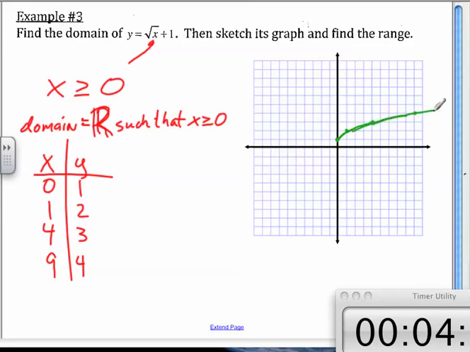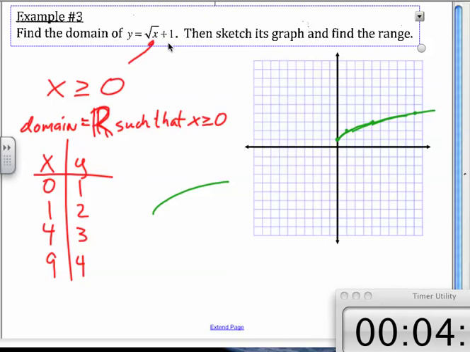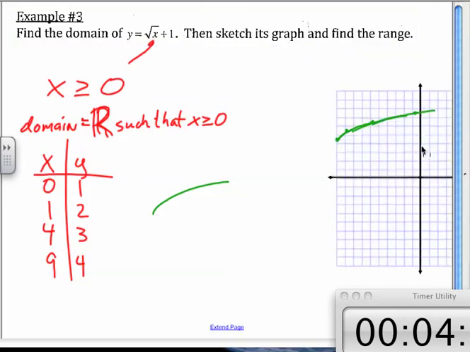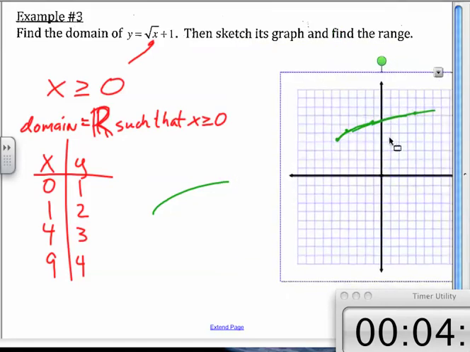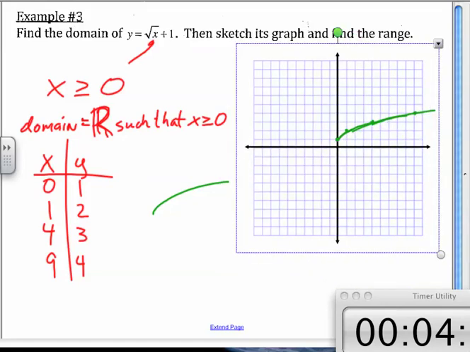You know what? That's interesting, because the graph of the square root of x always looks like this. But since I had this plus 1 up here, it took the entire graph. Whoa, that's not what I wanted. I wanted this little bit.